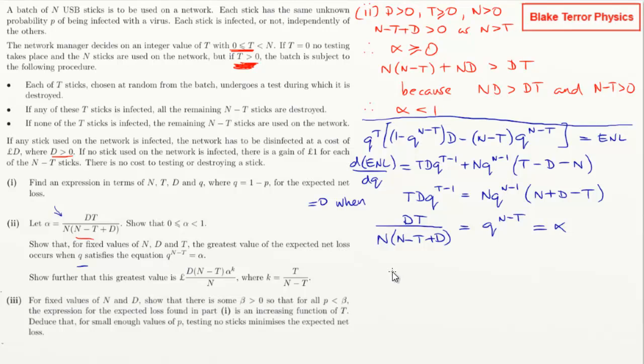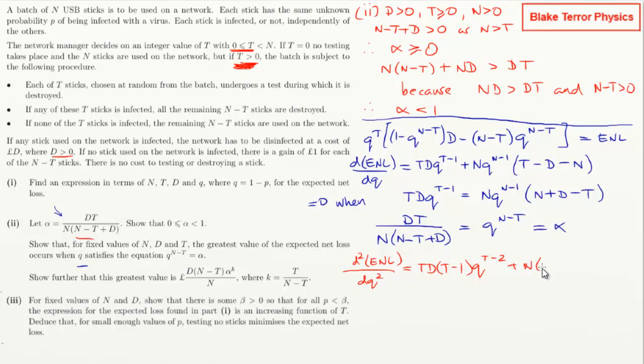Now I need the second derivative. So let's go back to the red pen. D2 expected net loss by dq squared is going to be, right, so I'm going to now have t d t minus 1 q to t minus 2. God, this is a mess, isn't it?